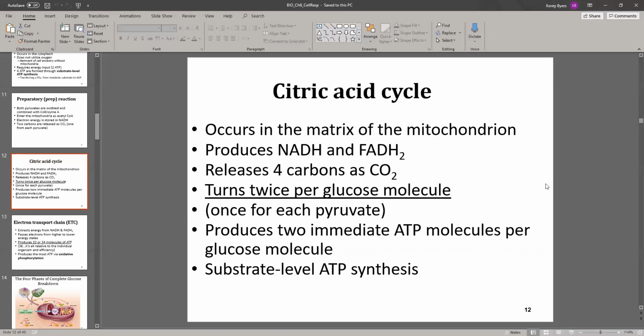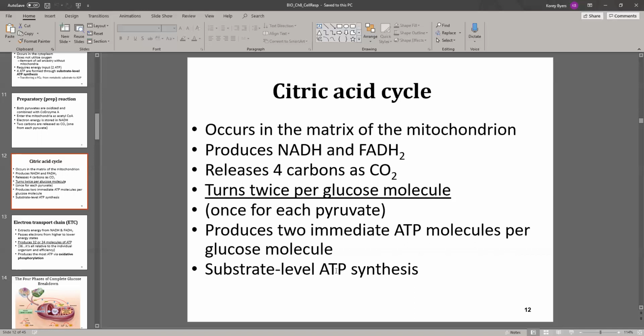Those B vitamin batteries, just like we had NADP in photosynthesis, in cell respiration, we have NADH and FADH too in this case. Now, some carbon dioxide is released here, and we do make a couple ATP molecules, but it's mainly substrate level, which you could think of that as meaning not a lot.